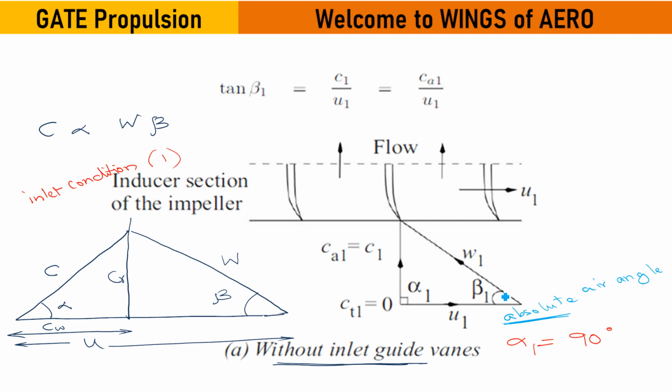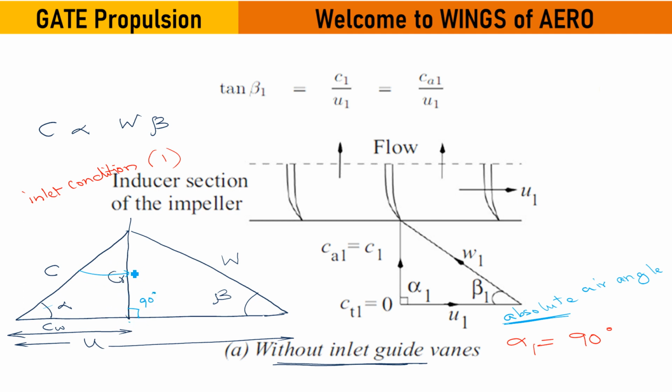Now how can we make this configuration if it is without inlet guide vane? This has to be 90 degree, just like how we have done for the radial case at the exit. So this alpha has to be 90. All those things will be shifting over here, right? This line is going to fall on this. Can I say this line is going to shift over this line?